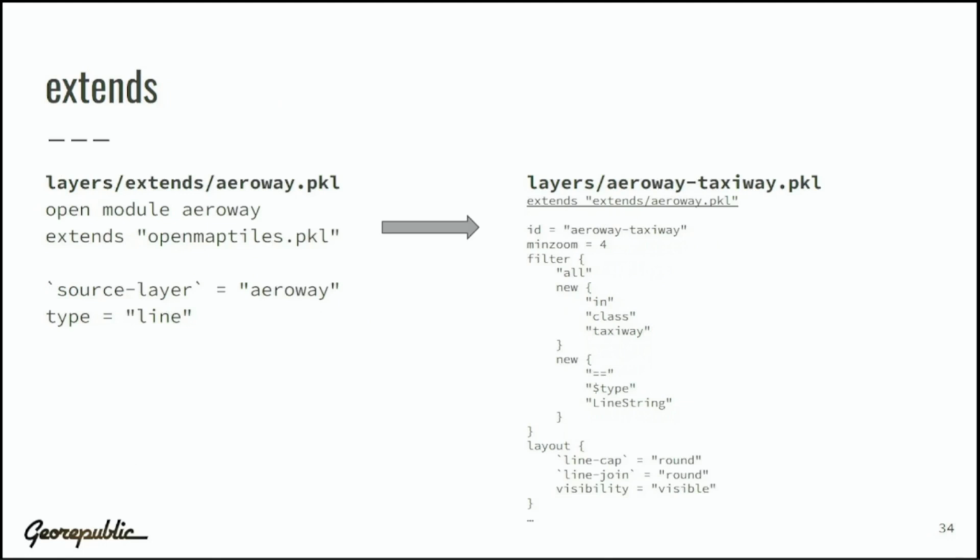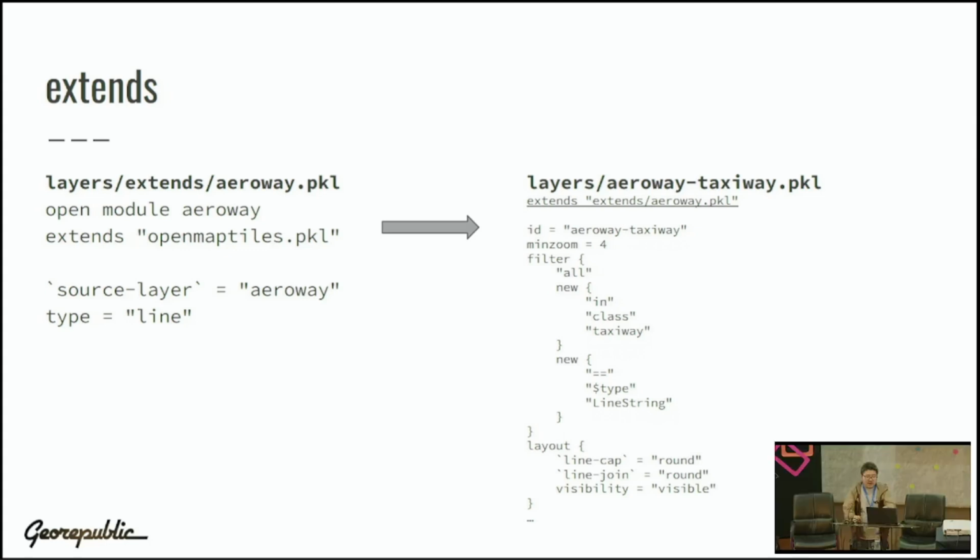And extend is a feature of Pickle. This is the aeroway Pickle, and you can define the default options, because source layer equals aeroway and type equals line. You extend this file, so you can write only the difference.